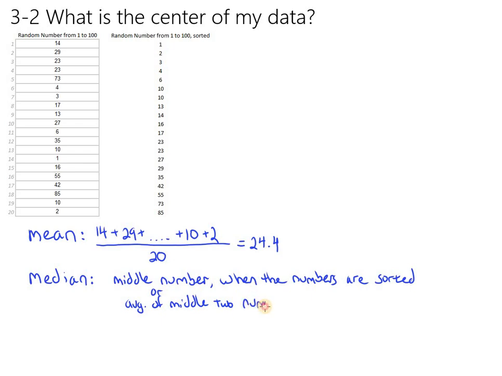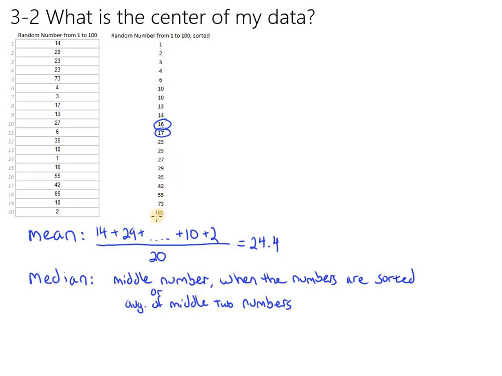Again, the list has to be in order for you to do that. Halfway through this list of 20 numbers, there's the 10th number and the 11th number. Those are the two middle numbers.